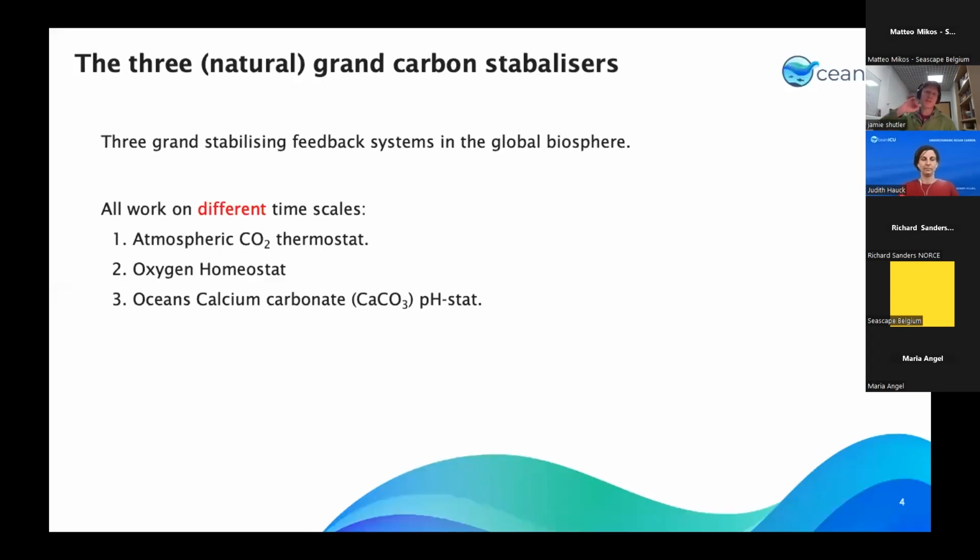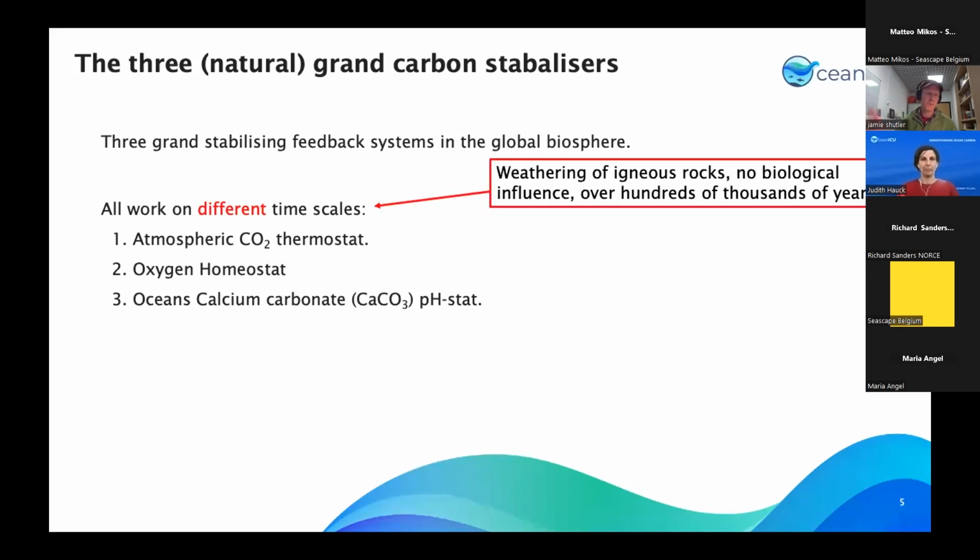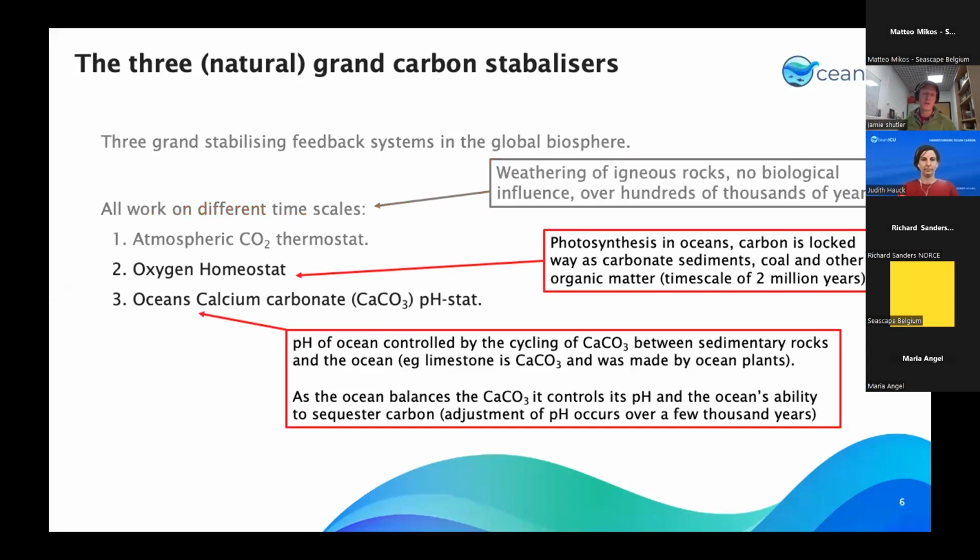And so you can look at this in terms of 3 grand stabilizing processes within the natural carbon cycle and the evolution of our Earth. The first one is this atmospheric CO2 thermostat. This is driven by igneous rocks and weathering, and therefore clearly there are no biological influences within there. But the second 2, the oxygen homeostat, this is how we've ended up with a large amount of oxygen in our atmosphere.